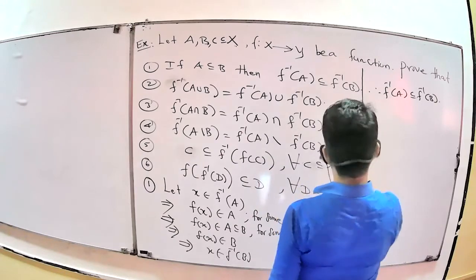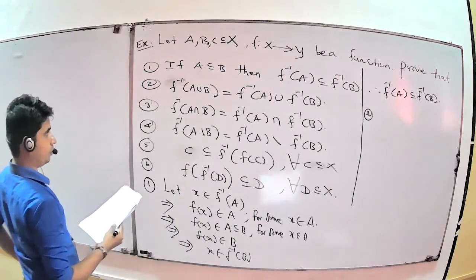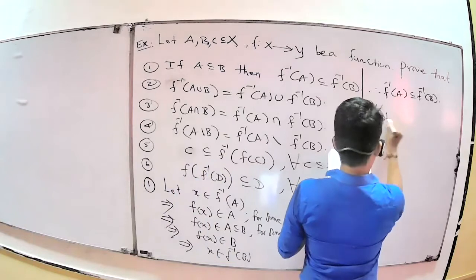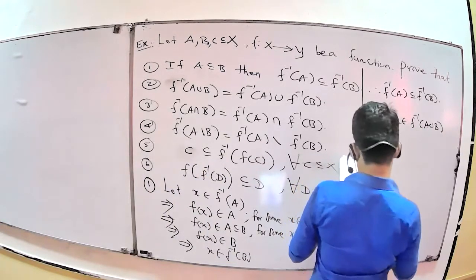Second part: f inverse of (A union B) equals f inverse A union f inverse B. Let x belong to f inverse of (A union B).